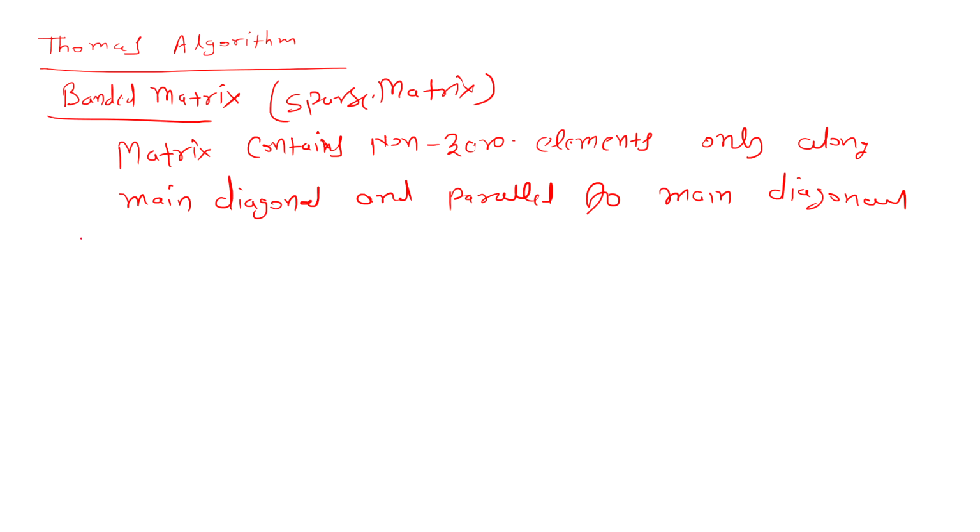So this means that suppose if this is my matrix, here we have a non-zero element, here we have a non-zero element, and this will go till the end.